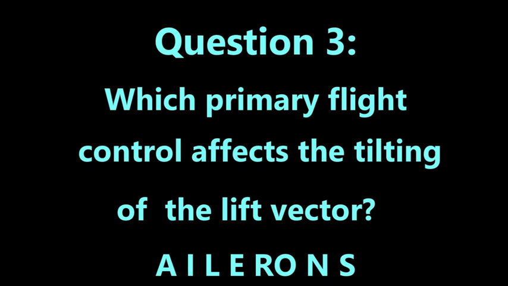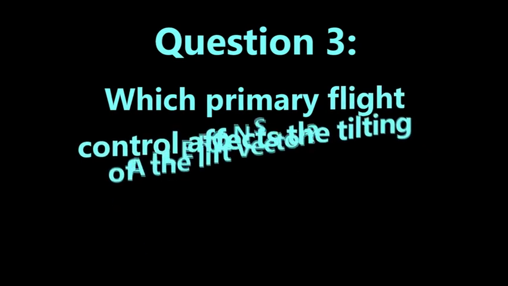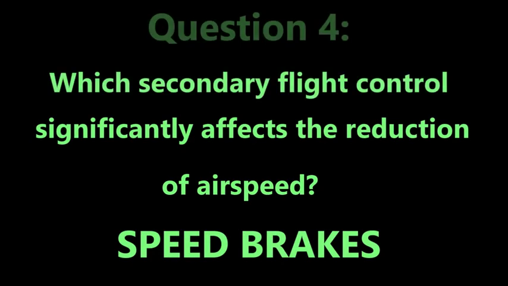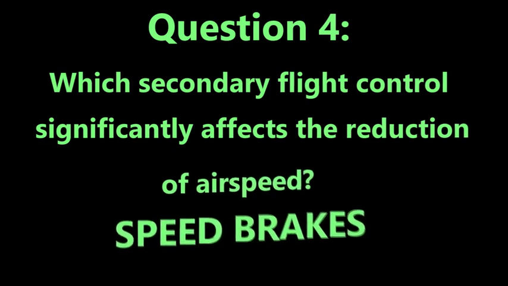Next question. Which secondary flight control significantly affects the reduction of airspeed? Is it speed brakes or your spoilers? Remember I said it's speed brakes. Speed has to do with airspeed. So speed brakes is the answer.